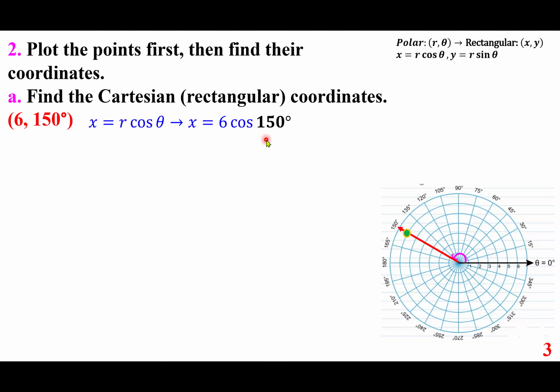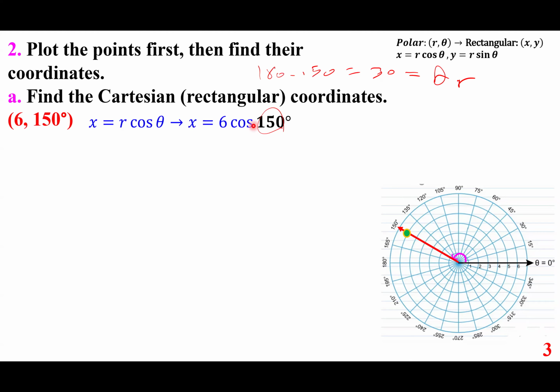6 cosine of 150. 150, if you say 180 minus 150 gives you 30 degrees. This is the reference arc, which means all trigonometric functions of 150 have the same value as the trigonometric functions of 30, except you have to figure out the quadrant and therefore positive or negative.